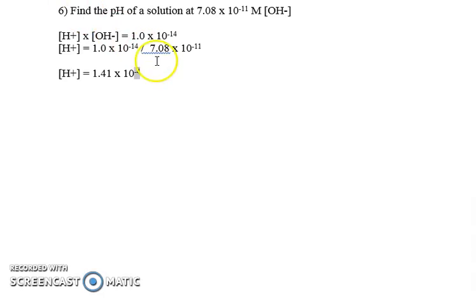That is your hydrogen concentration. But what's the problem with this then? They're not asking us for the hydrogen concentration, they're asking us for the pH. So what we gotta do now is simply calculate the pH by using another formula.